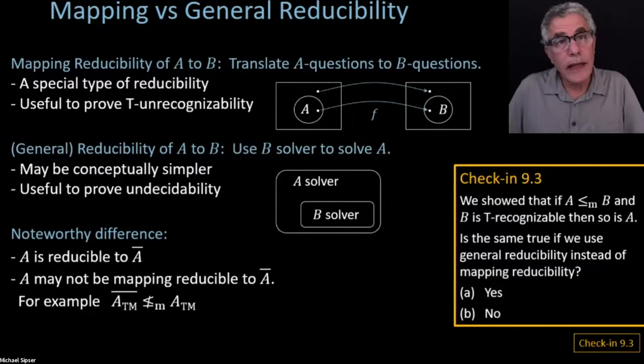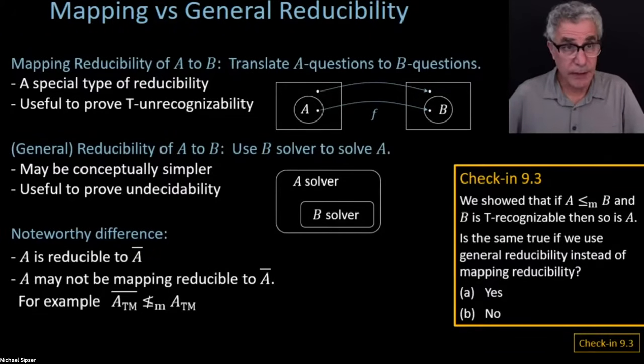We know that if we're using general reducibility and A is just reducible to B, a language is always reducible to its complement using general reducibility.